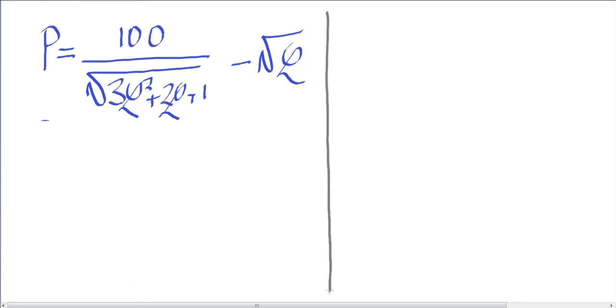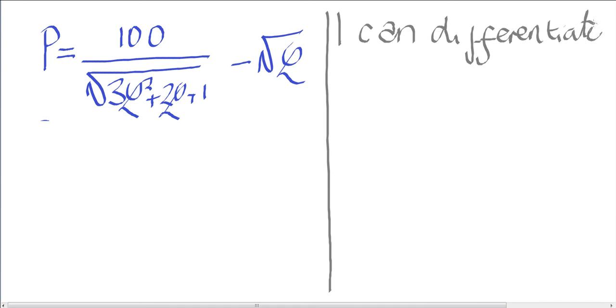I can differentiate anything that looks like x up to the p. I've no problem with that. How do I differentiate that? I take the power down and I take 1 off it.